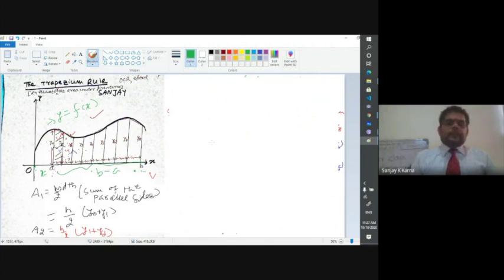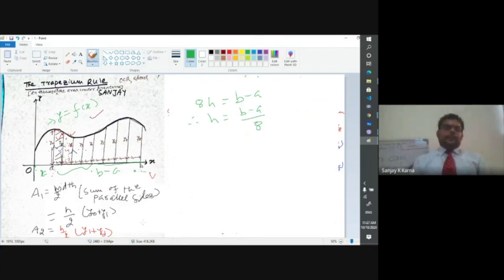Within b minus a, how many h are there? You can see 1h, 2h, 3h, 4h, up to 8. So we have 8 h in this case. Therefore, each h is equal to (b minus a) by 8.